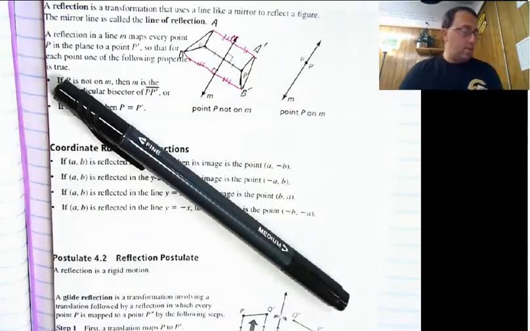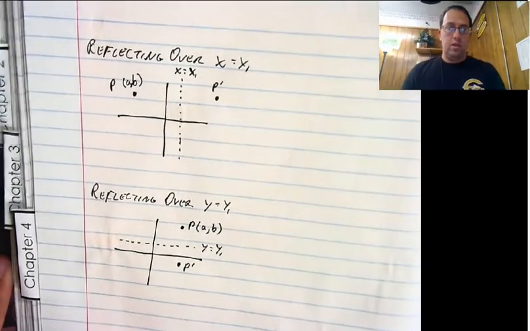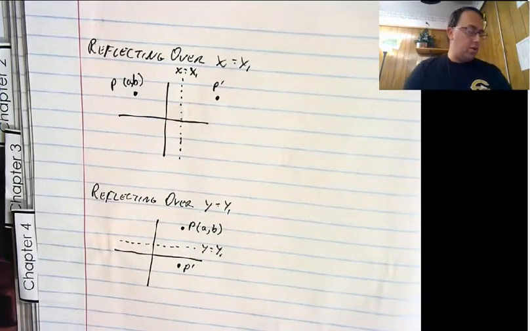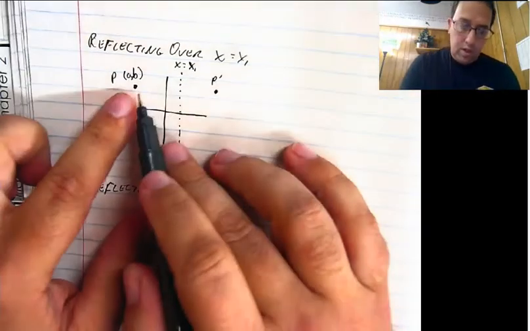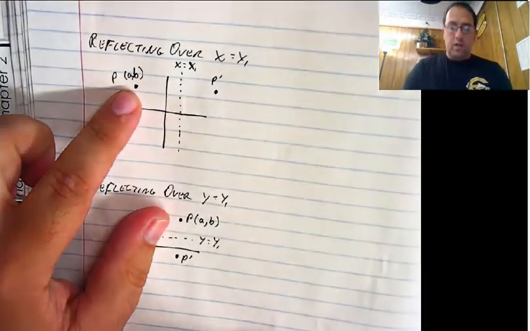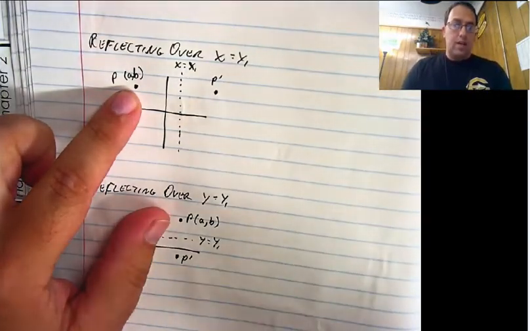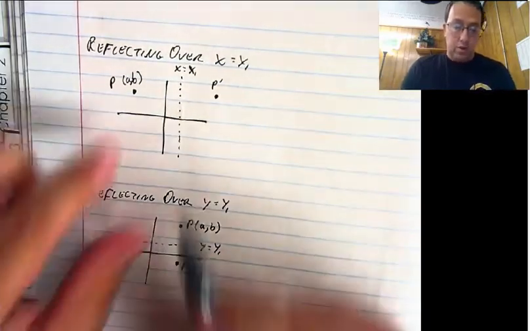All right? And I'm going to do one better for you. I am going to give you these two here. What happens if you reflect over a line, a vertical or horizontal line that are not the axes? Okay? And what happens here? All right, so we're going to reflect over the line x equals x1, so something other than 0.